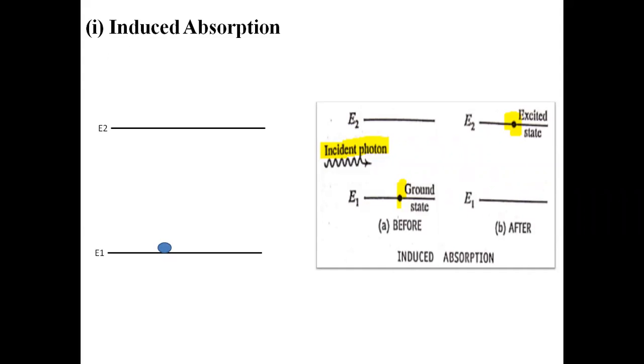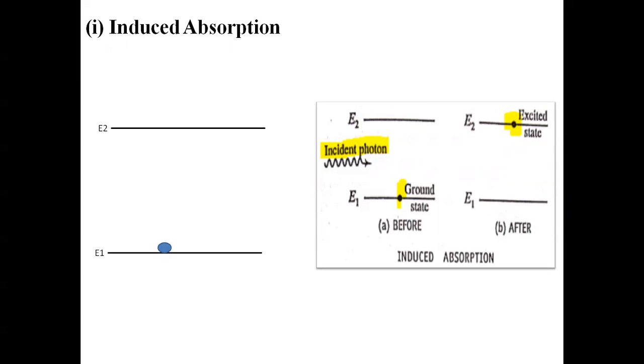I will start with induced absorption. Whenever energy or a photon falls on the atom, the electron absorbs that energy and goes to the excited state. But if the electron goes to the excited state, can I say that the entire atom itself gained energy? I can say that.